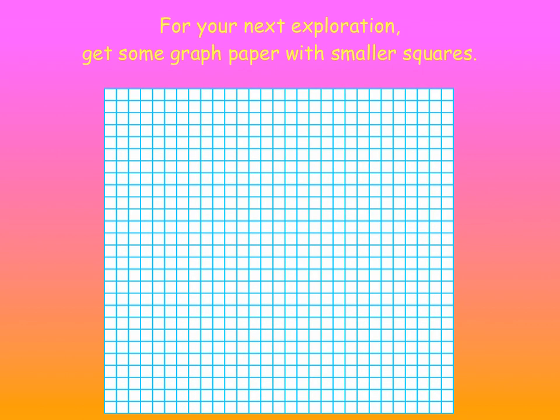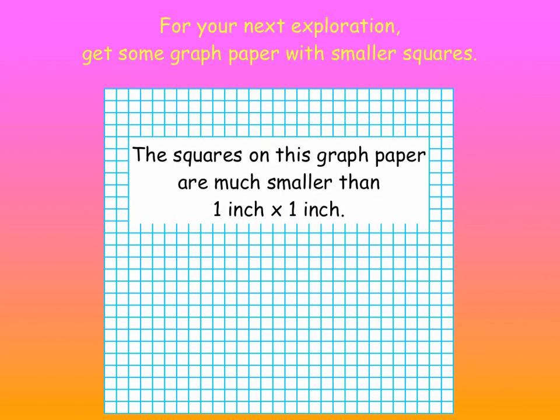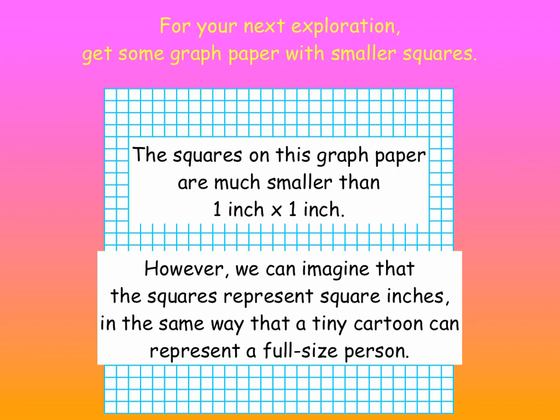For your next exploration, get some graph paper with smaller squares. The squares on this graph paper are much smaller than 1 inch by 1 inch. However, we can imagine that the squares represent square inches in the same way that a tiny cartoon can represent a full-size person.